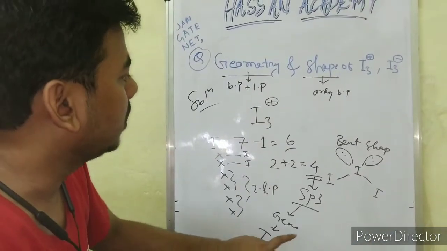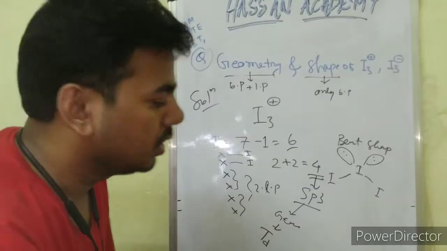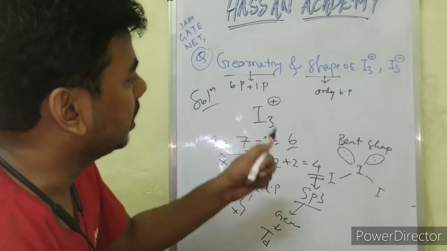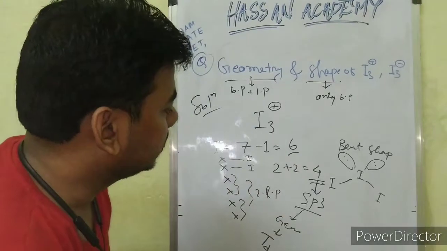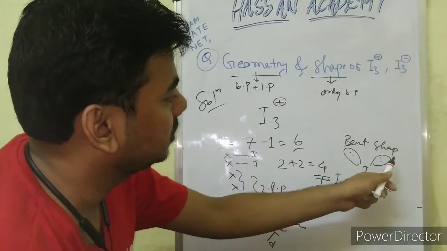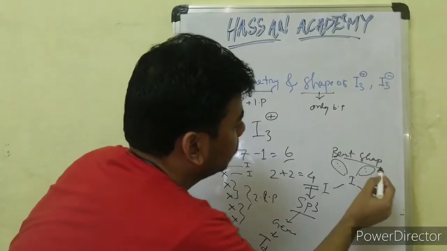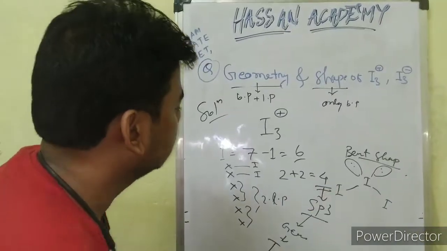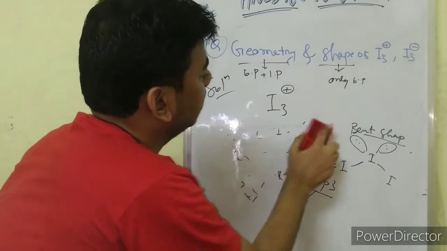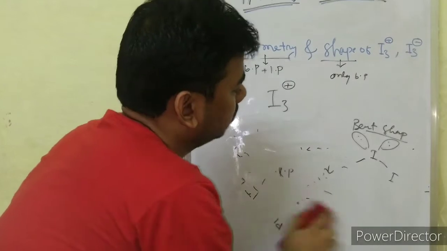So this is all about I3+. You can take a screenshot here. I will rub it so that I can write about I3-. So the geometry is tetrahedral, but the shape is bent. You have to be very careful about this because I3- will be totally different from this.